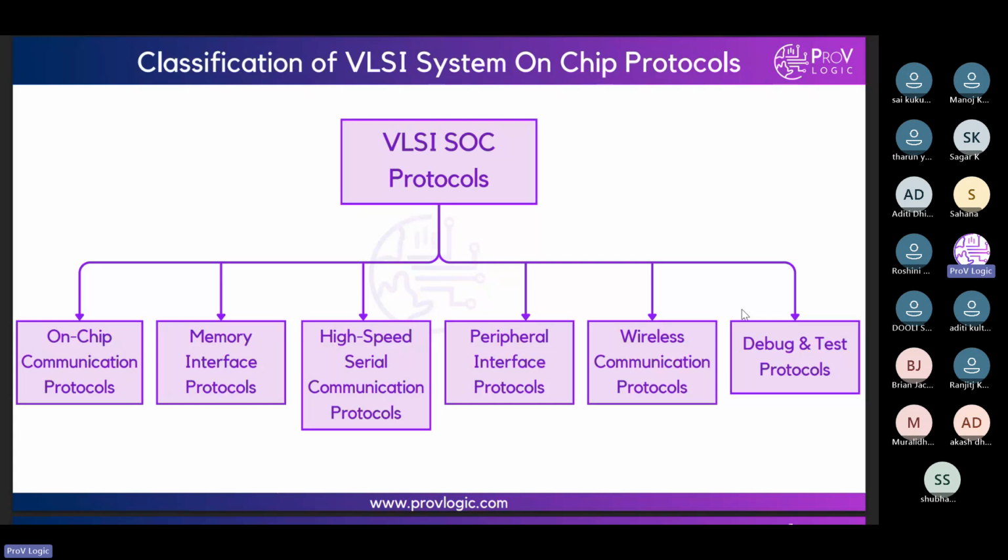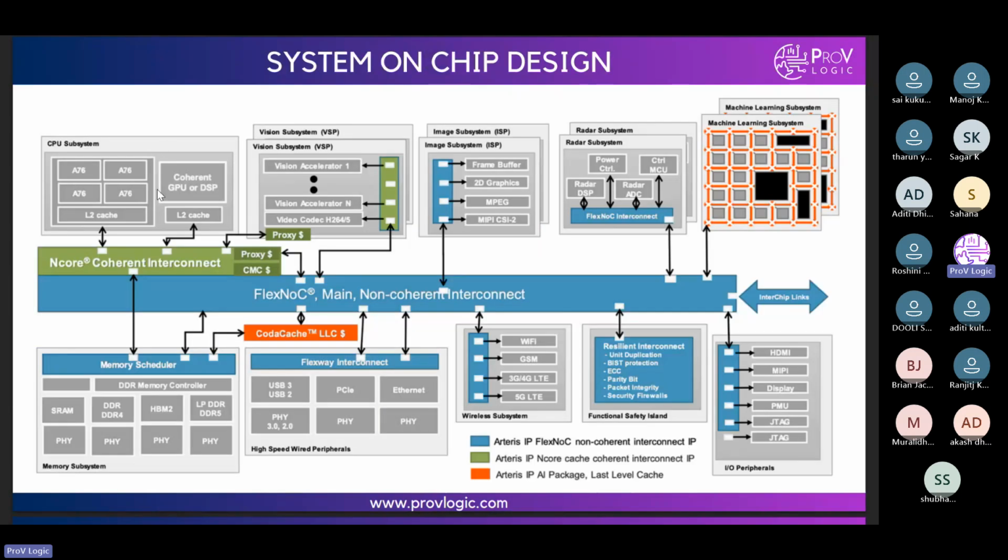And next, memory interface protocols are nothing but communication between processor and memory. If you see here, the top one is the processor related CPU subsystem, and the bottom one is memory related. Processor to memory communication happens majorly through DDR, DDR4, LPDDR, DDR5. DDR is double data rate, LPDDR is low power DDR.